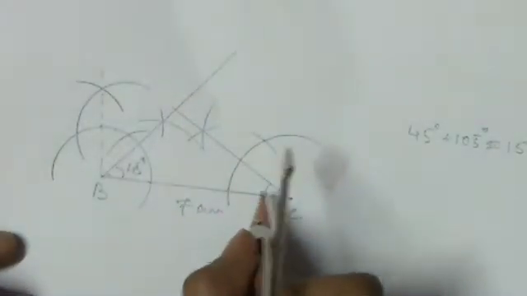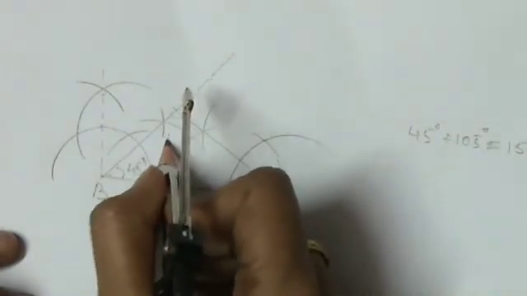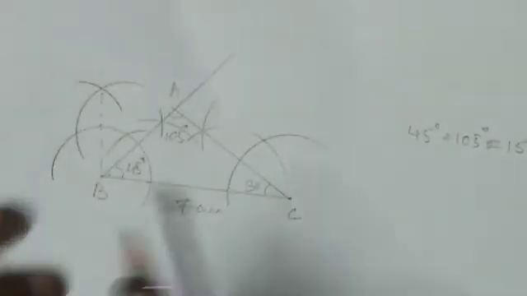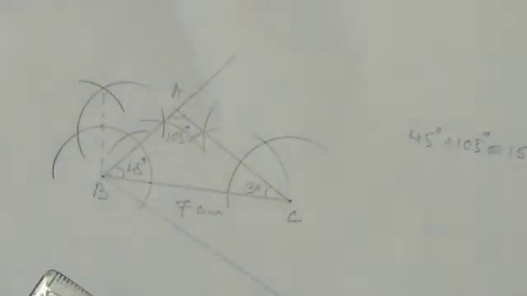So if this angle would be 30-degree, then obviously this angle will come as 105-degree. So we have made the triangle. Now the same process by drawing a line, how we have done earlier. Clear?